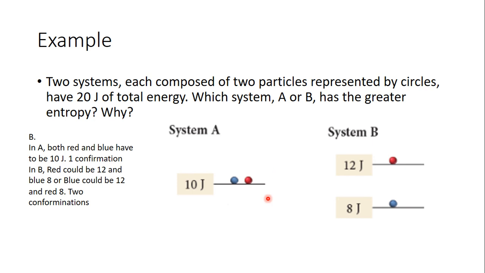They have no choice. I have exactly one conformation. In B, I have two conformations. Red could be at 12, blue at 8, or blue could be at 12, red at 8. So there's more chaos, more disorder, more possibilities. All of these mean entropy. So system B has more entropy.